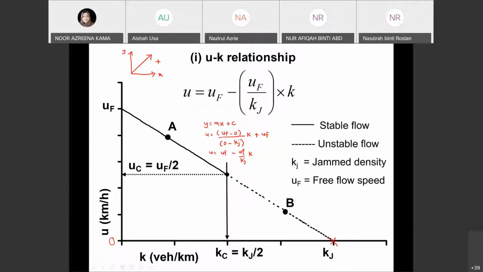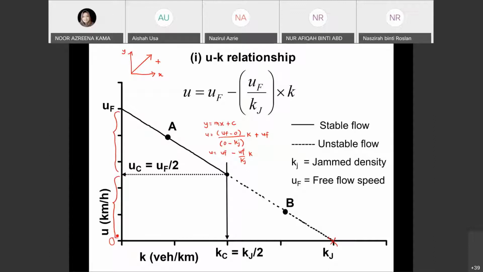Then we have UC here. UC equals UF over 2, so UC divides the distance here equally.